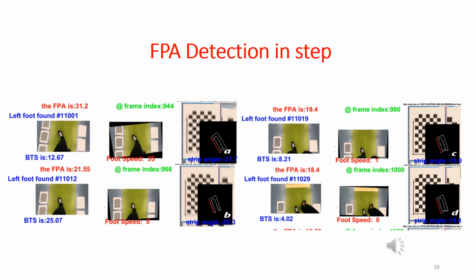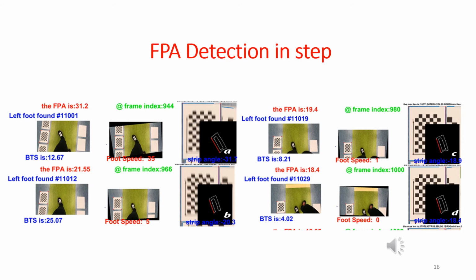In this page, there are 4 groups of data and the images are shown in the sequence of the frame index in the video. From the left top corner, we can see the frame index is 944. This image was shot at the early stage of the foot flight phase.